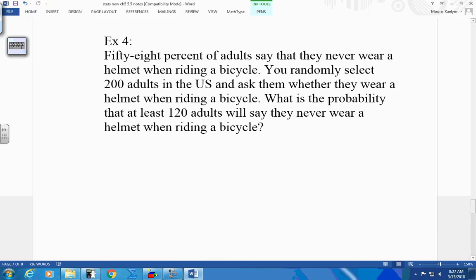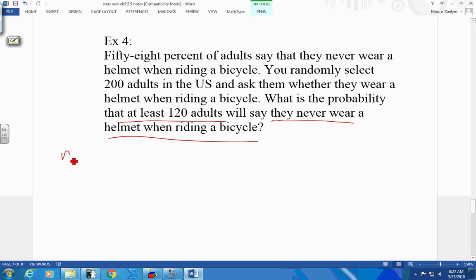Let's pull out this information for 4, and then you're going to do the other part of it. 58% of adults said that they never wear a helmet when riding a bicycle. You randomly select 200 adults in the United States and you ask them whether they wear a helmet or not when they ride a bicycle. What is the probability that at least 120 adults will say they never wear a helmet?